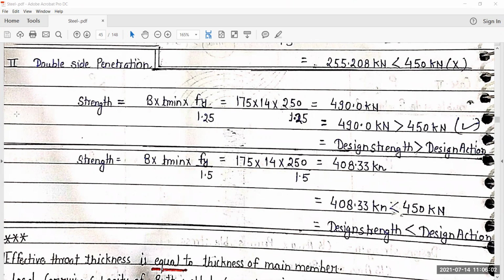In the place of 1.25, suppose you value 1.25.